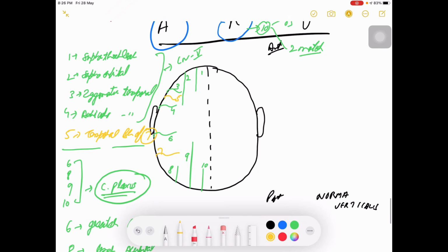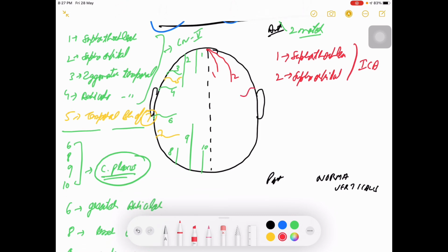Now on this other side, I'm going to depict the arteries 1, 2. So these 1 and 2 have the same name as the nerves, that is your supratrochlear, supraorbital. These are coming from internal carotid artery.